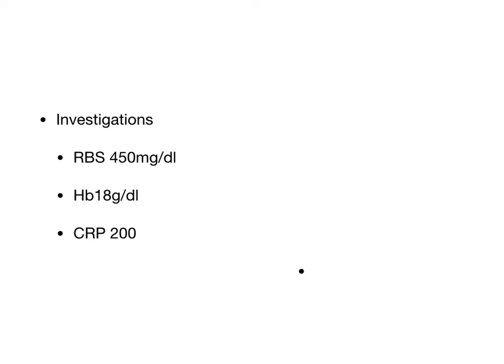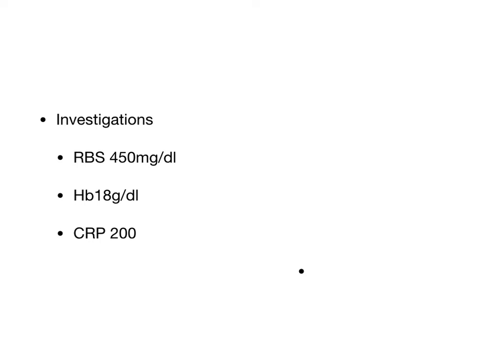The reason the potassium is 6.1 is that there is potassium and hydrogen counter transport. So when the plasma concentration of hydrogen ion increases, it moves into the cells and the potassium comes out from the cell. That's why the potassium concentration is higher in this scenario. Actually, this is a situation with diabetic ketoacidosis.